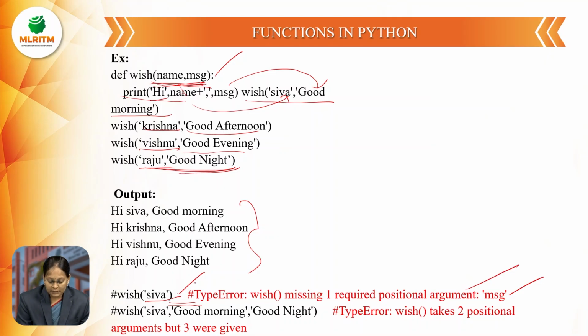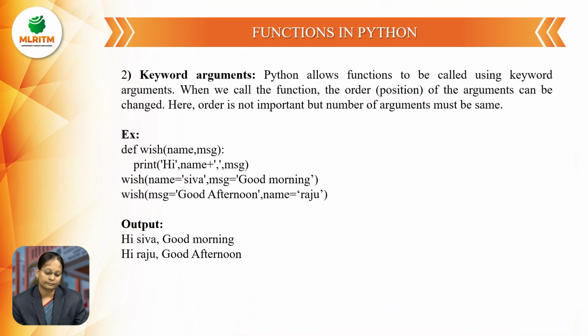In this function call we have only 1 parameter, that means fewer than the number of parameters in the function definition. Wish Shiva, good morning and good night: this takes only 2 positional arguments, but here we are calling this function with 3 values. So we have 1 extra value, that's why it will give an error.